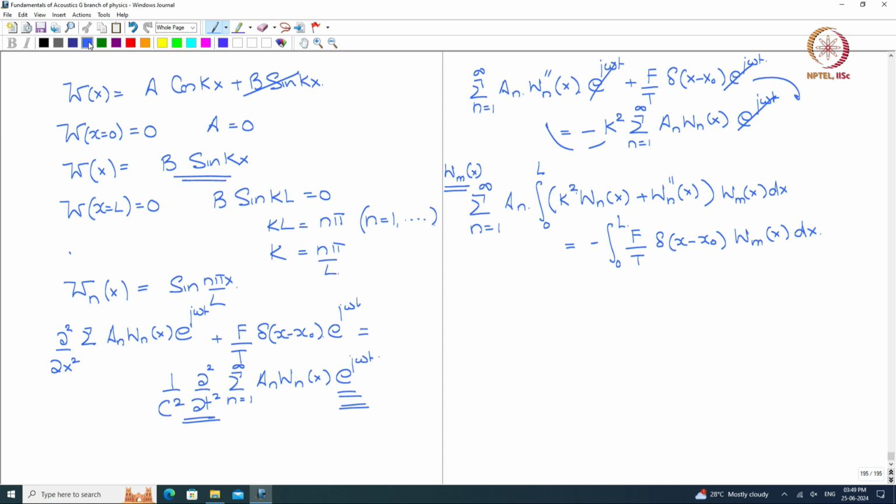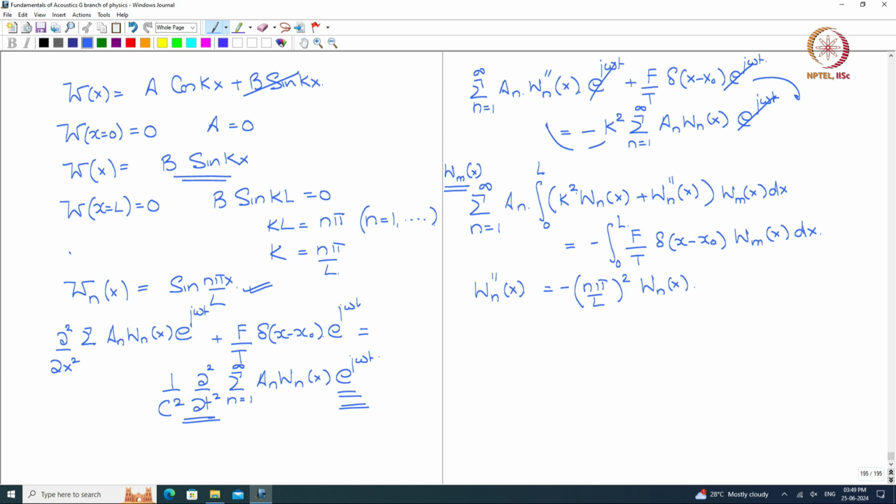So now let me just show you what W double dash of n of x is from here. It is just minus (n pi by L) whole squared into W n of x. So that is the advantage of having a mode shape.